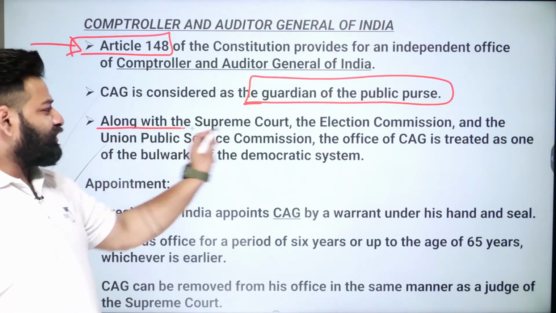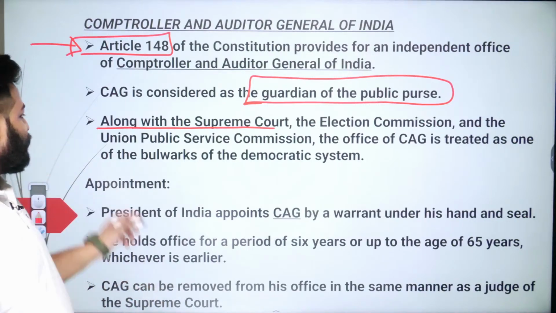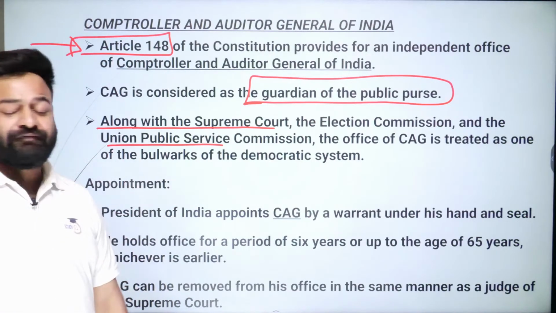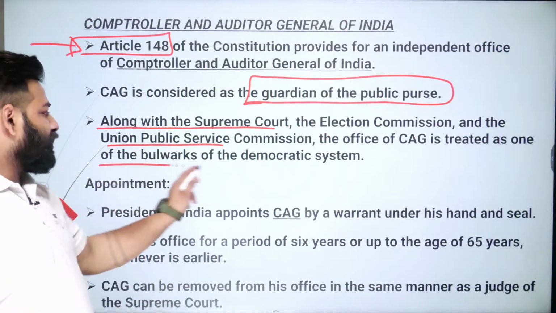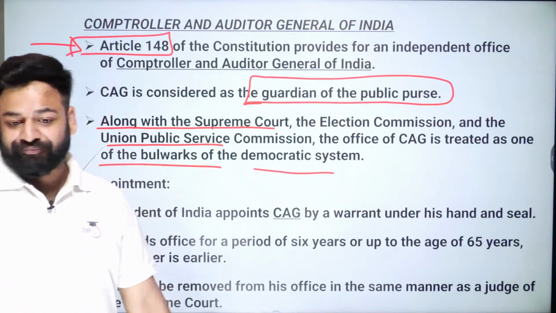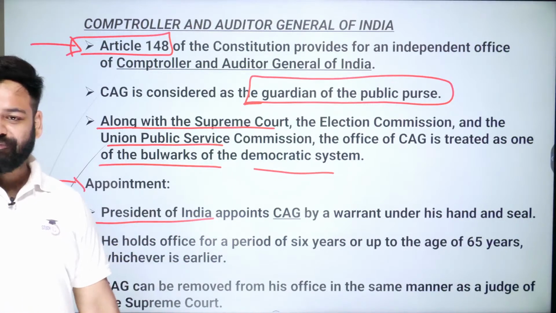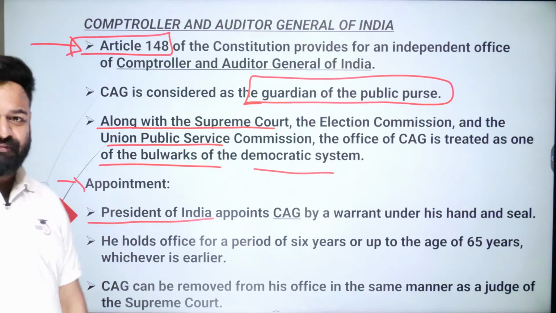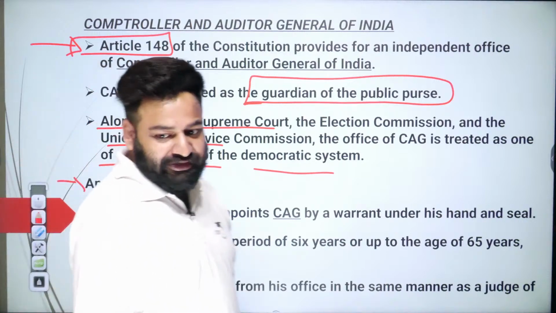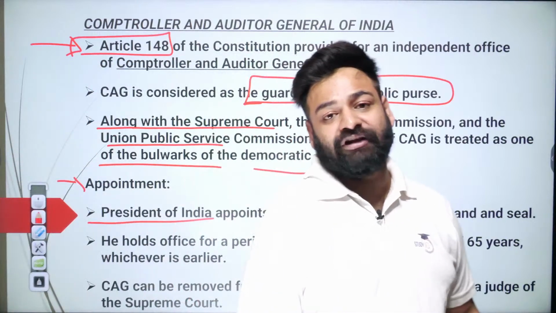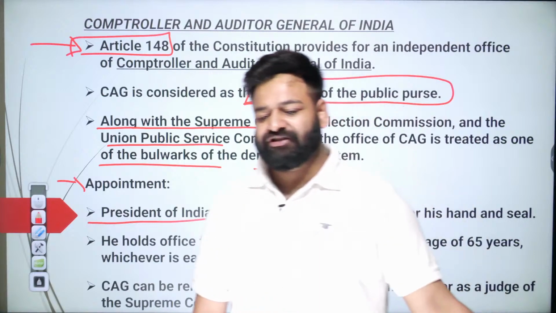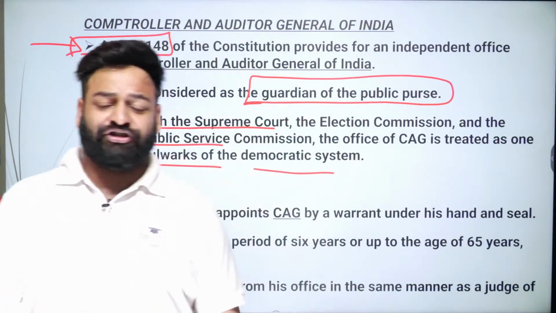Along with the Supreme Court, the Election Commission and the UPSC, the office of CAG is treated as one of the bulwarks of the democratic system. Appointment: who appoints? It is the President of India. Removal: it is once again by the President of India, but it takes a parliamentary approval as well, just the way a Supreme Court judge is removed.